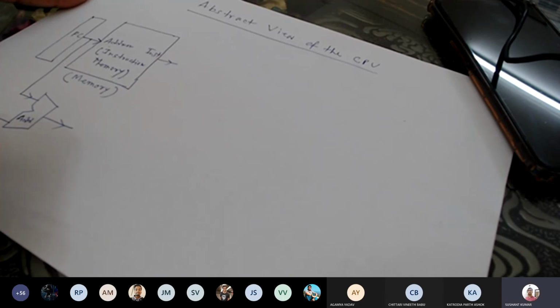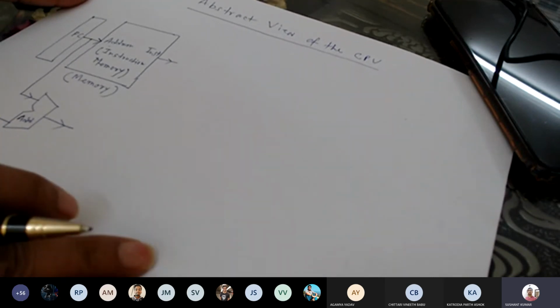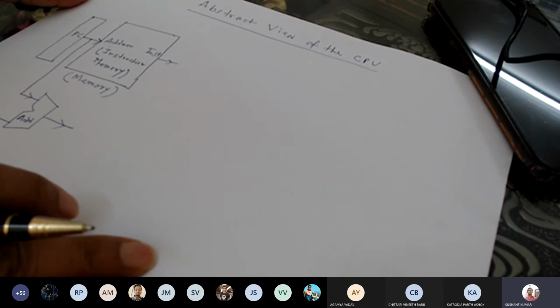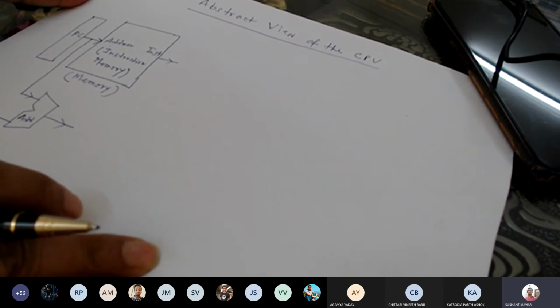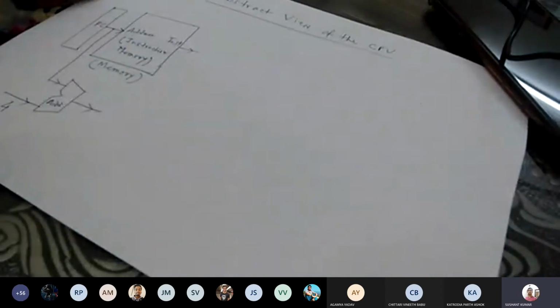It will be 4, because you are talking about RISC 32-bit, so the next address will be 4 ahead. Can you tilt up a little bit? The whole page is not moving. That is not visible, sir. Okay, sir. So it's 4.